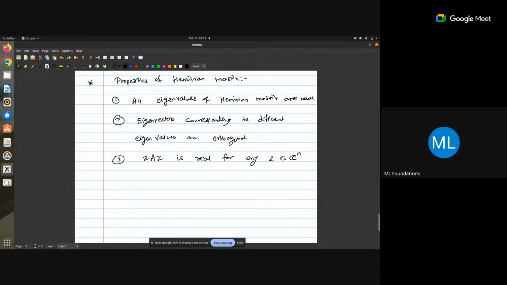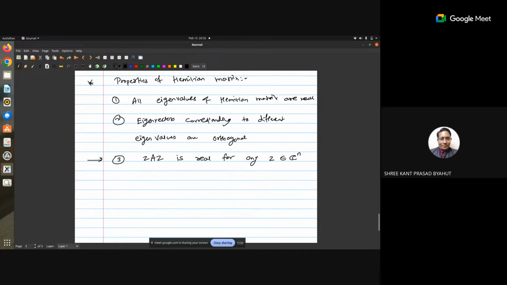So if I multiply any complex vector with this Hermitian matrix, pre-multiply and then post-multiply, you will get a real value. This is not required for our syllabus, but it is also one of the properties.